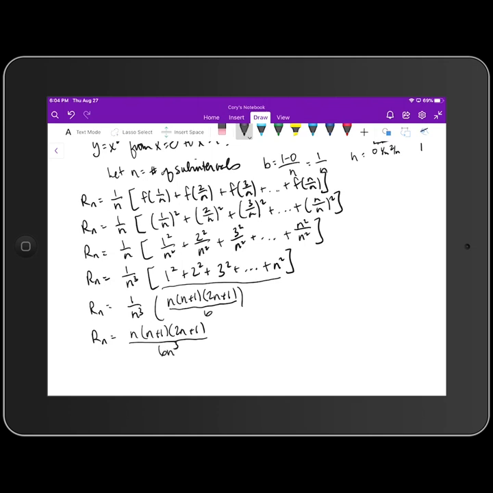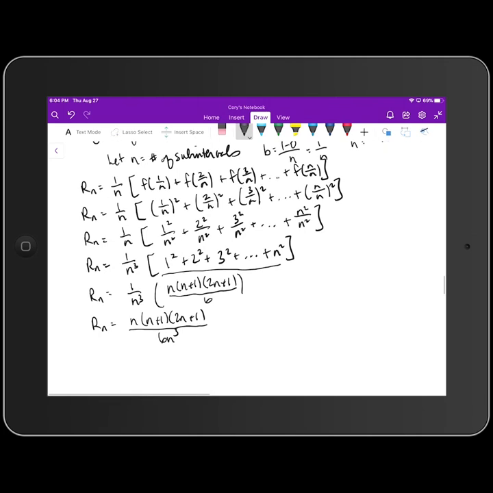Okay, now once I've gotten here, we said last time the more rectangles we use in our approximation, the more accurate our approximation becomes. And I said that if we use infinitely many rectangles, that is going to give us the exact area under our graph.